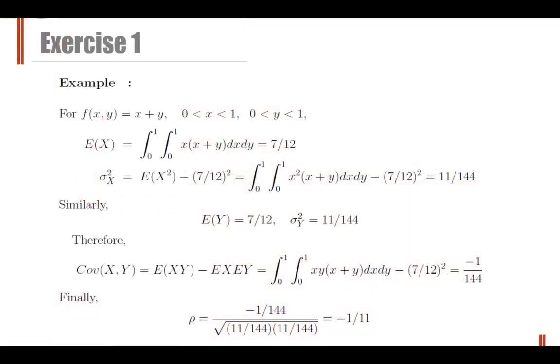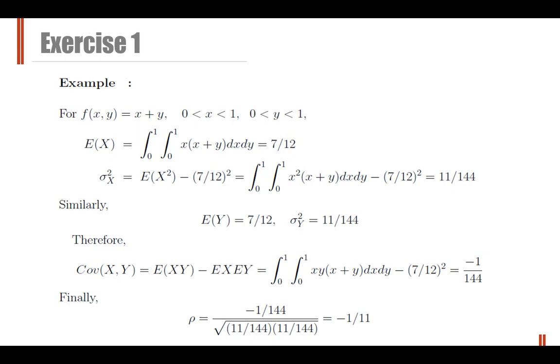And part 4. There are two exercises to show how we can calculate the covariance and the correlation coefficient of different functions. Exercise 1 shows us how we can calculate the covariance and correlation coefficient of continuous random variables. For the function f(x,y) = x + y, we can use this joint function to calculate the expectation of X and the variance of X. Similarly, we can also calculate the expectation of Y and the variance of it.